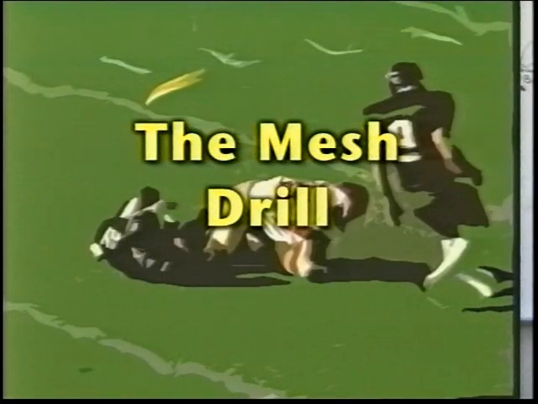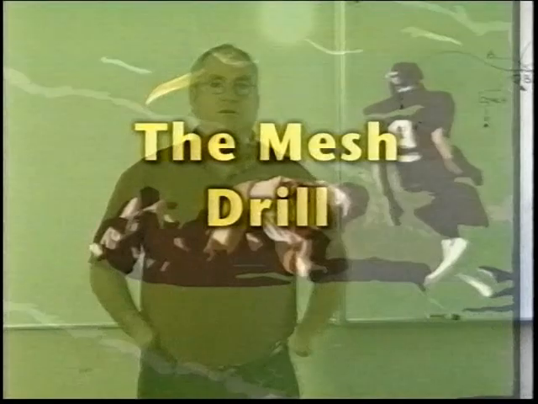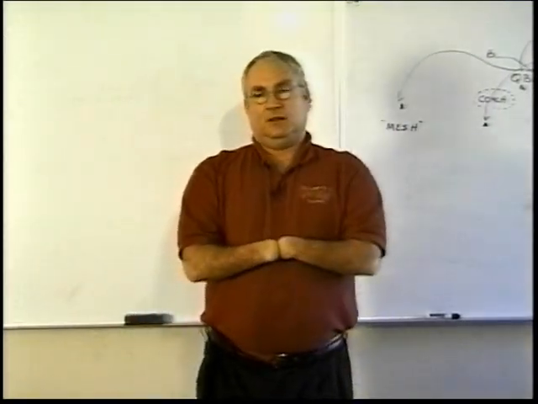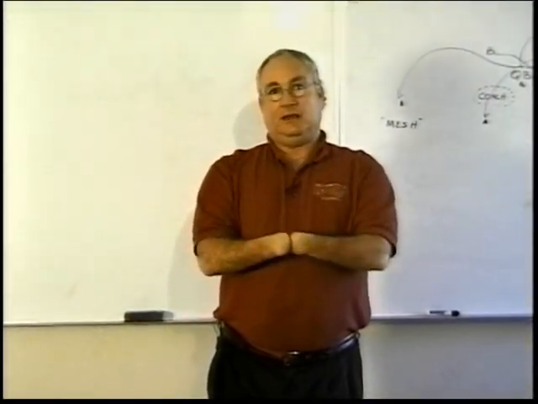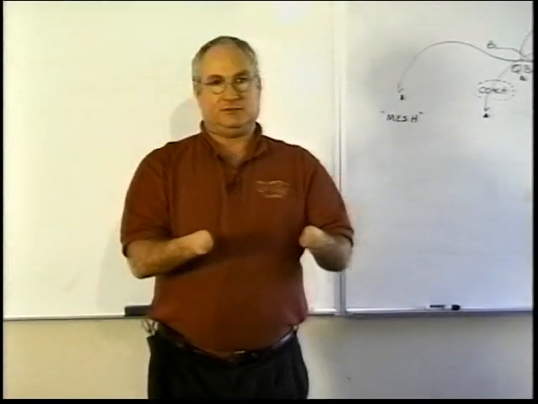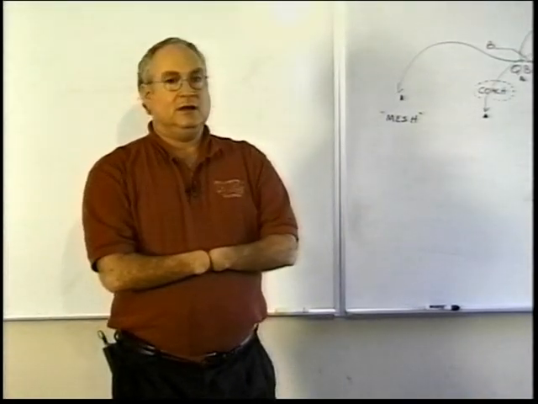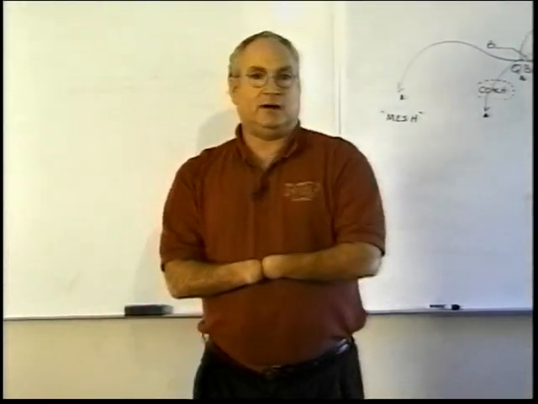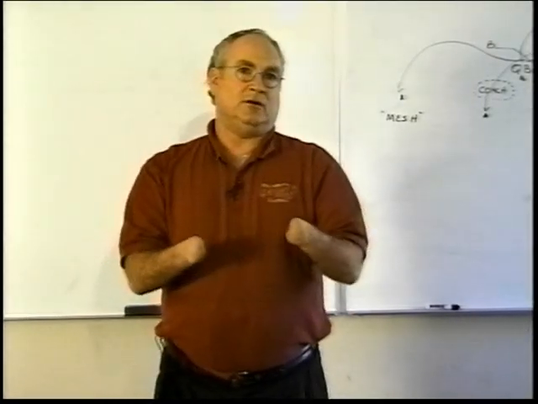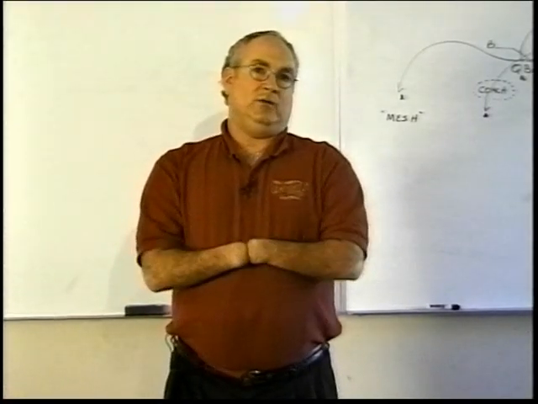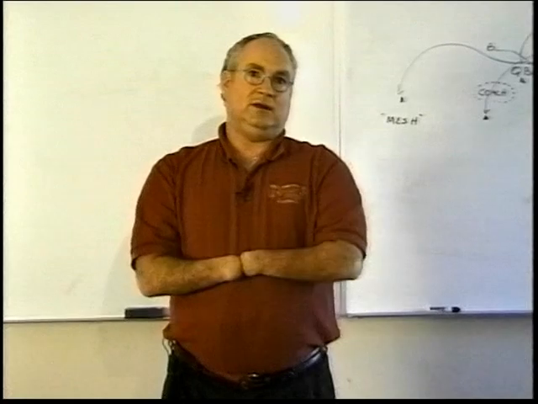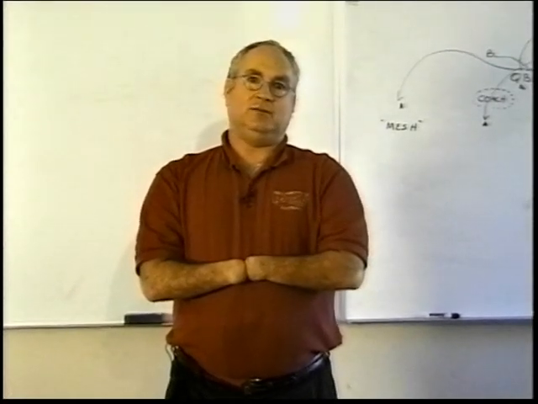Next drill I want to talk about is the mesh drill. The mesh drill teaches the sweep timing, and now we add the other running backs to the mix. As I've talked about in previous tapes, we teach our backs paths, and whatever path they run, we give it a name, and that becomes the name of the play.